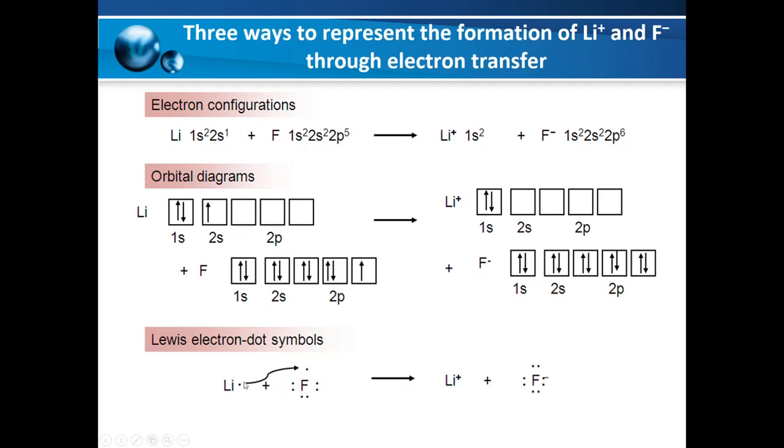So it accepts one valence electron from lithium. Lithium will become positively charged, and at the same time, fluorine accepts 1 electron from lithium and becomes negatively charged.